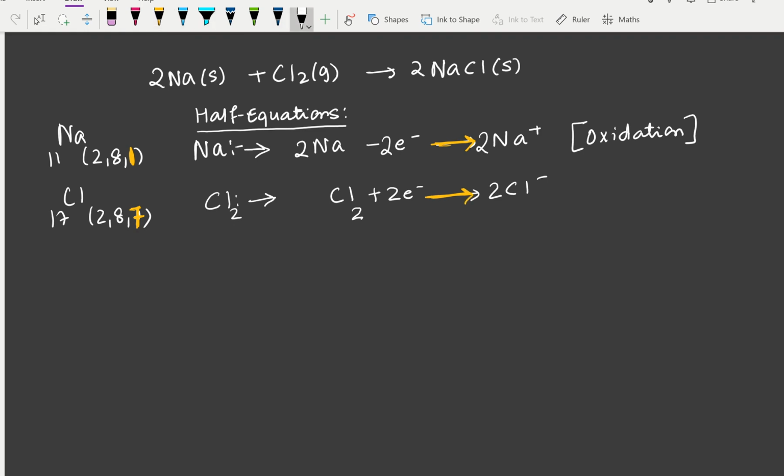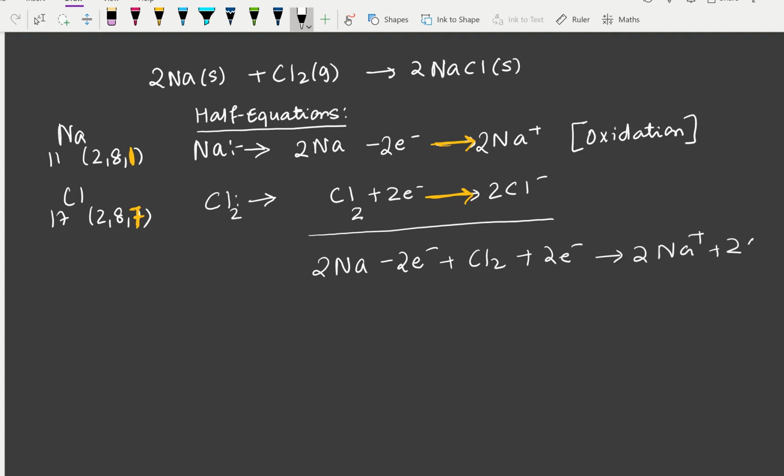So when I'm going to add this, what am I going to do? Imagine this is a mathematical sum; in the same way I'm going to add. So I'll write 2Na plus minus 2e minus plus Cl2 plus 2e minus gives you 2Na plus 2Cl minus. So what's happening over here?